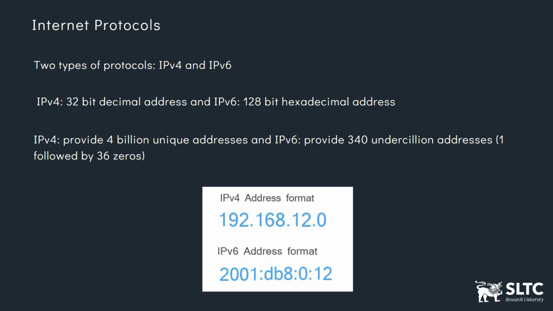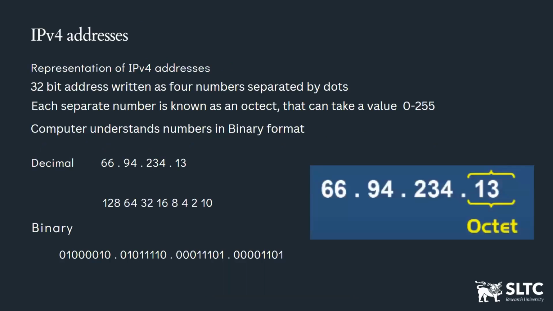In the IPv6 address format, we have both characters and numbers in the address, first thing. And the second thing is that they are separated by colons. So once we see an address, we can detect whether it is an IPv4 or an IPv6 address.